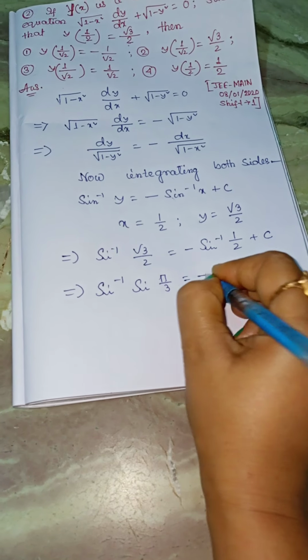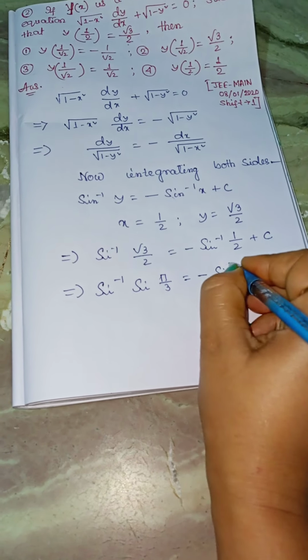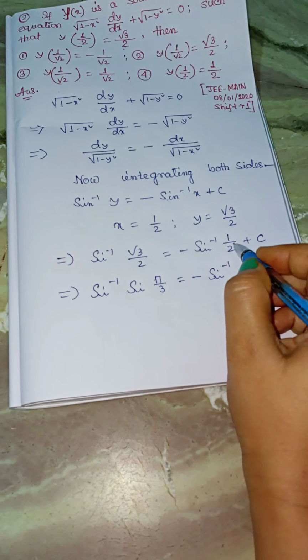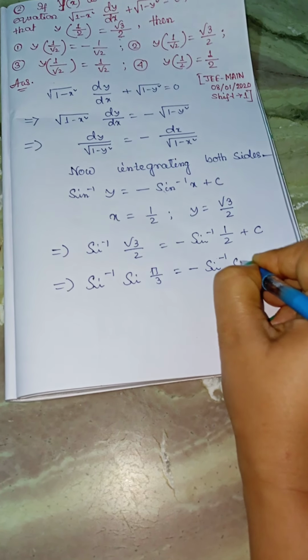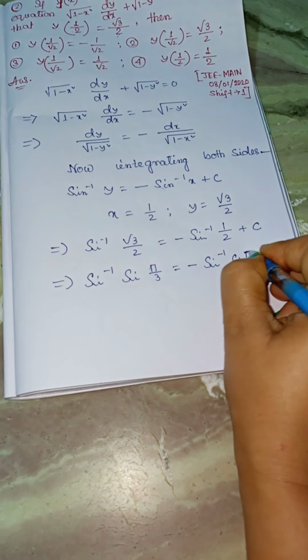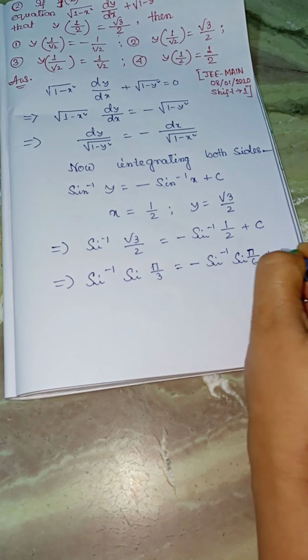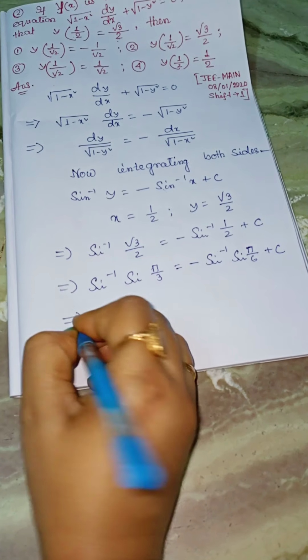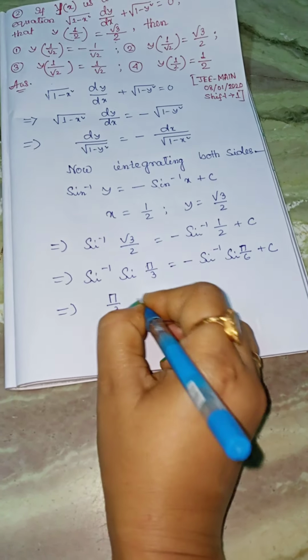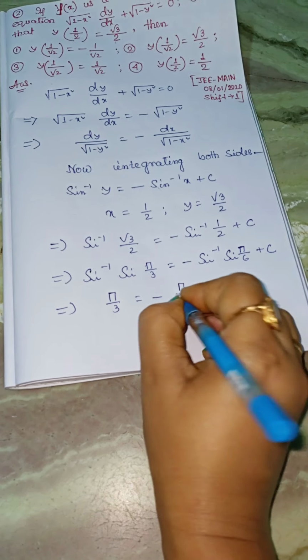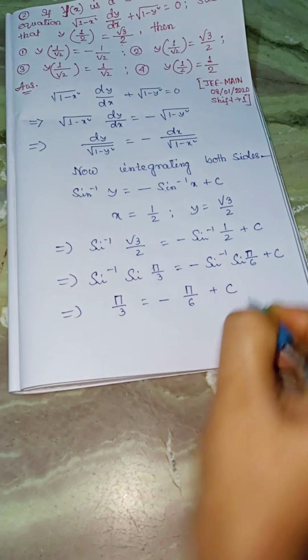We also know sine of pi by 6 is half, so sine inverse half is pi by 6. That implies pi by 3 is equal to minus pi by 6 plus c.